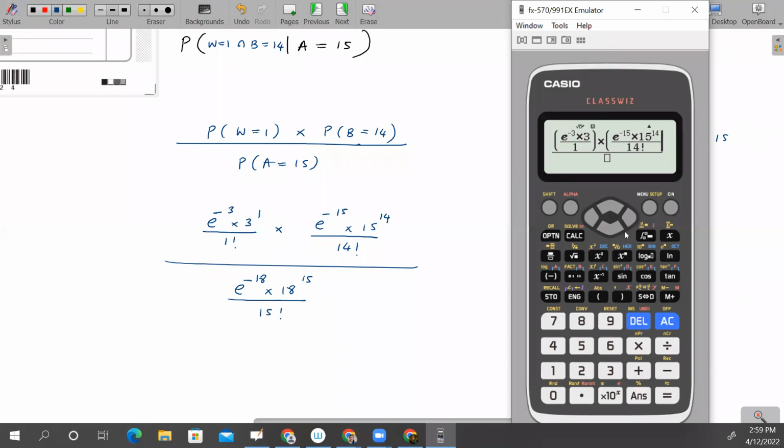Is that okay? Divided by e to the power minus 18 into 18 to the power 15 over 15 factorial.